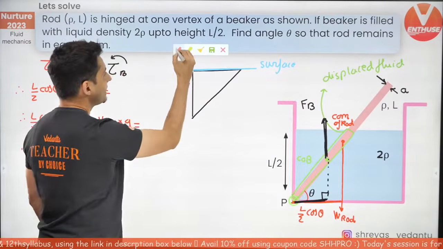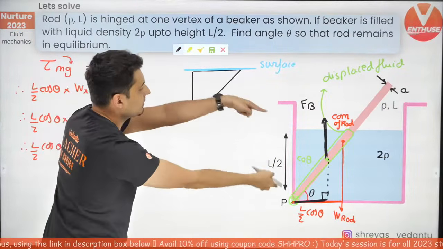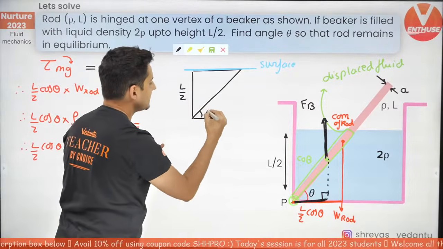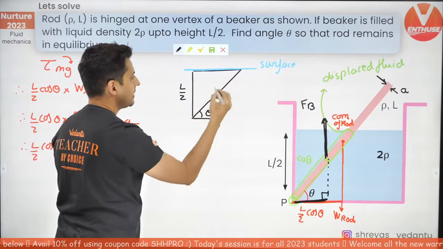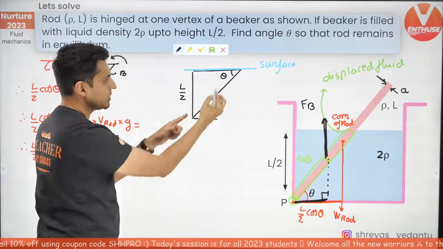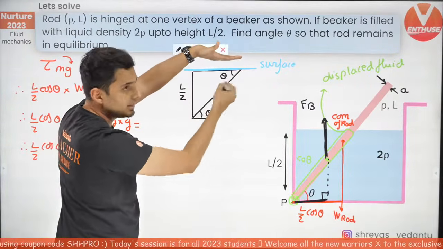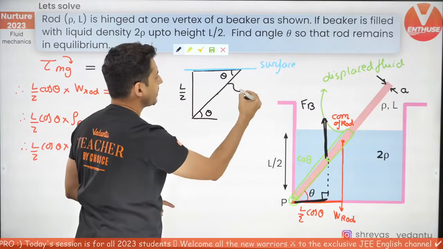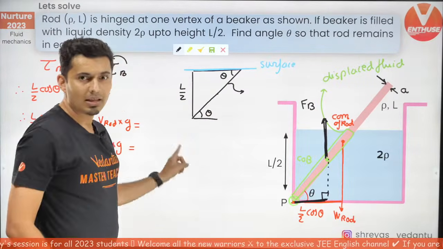We all know that the height which was given to be L by 2 is this one. If this angle is theta, this angle is also theta, because of parallel lines. If this is L by 2, I know what this length is. What do you think this length will be? Think carefully.